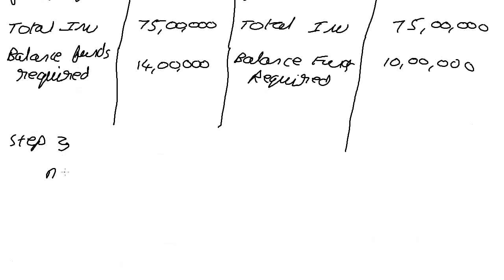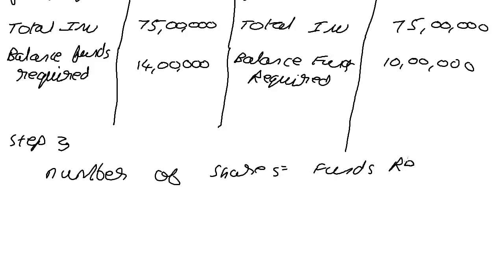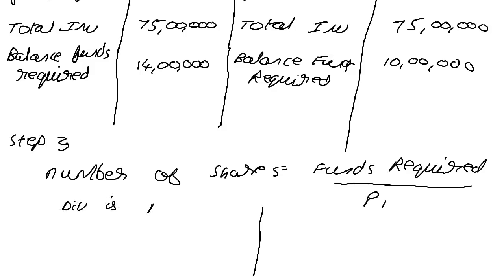I call it number of shares, NOS. Number of shares is equal to funds required upon price. But which price? Price at the end, or what we call P1. So again, I'm dividing it into two parts: when dividend is paid and when dividend is not paid.